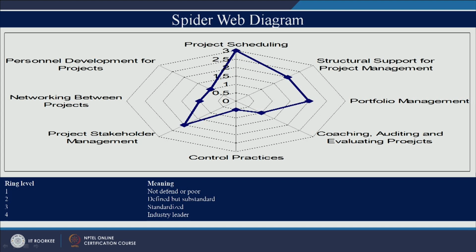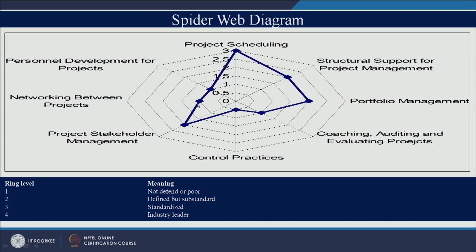Now, if in your organization you are at this level, when you compare your networking with the competitor's networking, then this is your position, and let us say your chief competitor is at this level, 3 point.